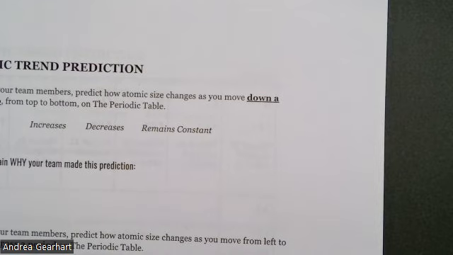The most important trend for us to understand is as we move from left to right across the periodic table, through a period, do our atoms get larger? Do they get smaller? Or does the size stay the same? How about as we proceed down a group? Do atoms get bigger? Do they get smaller? Do they not change in size?